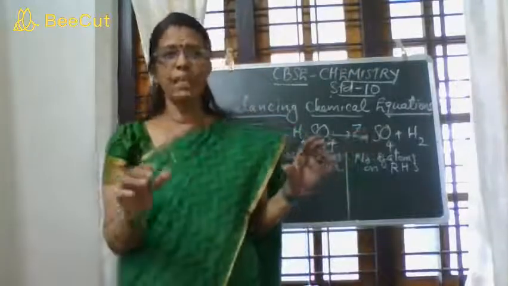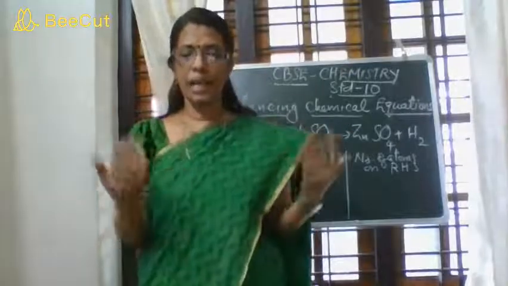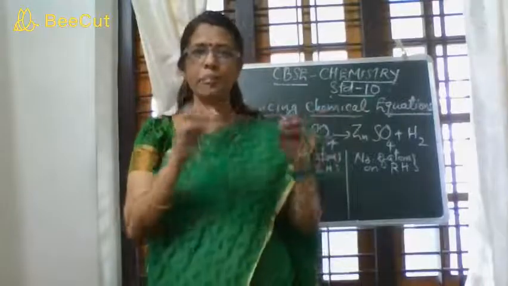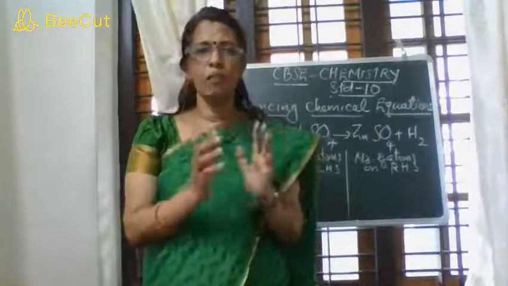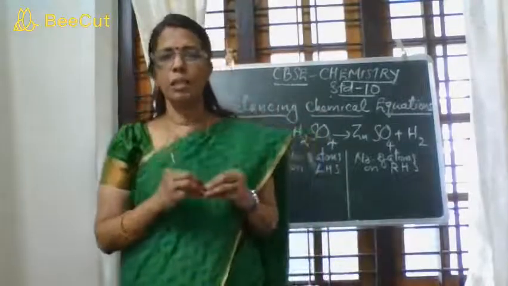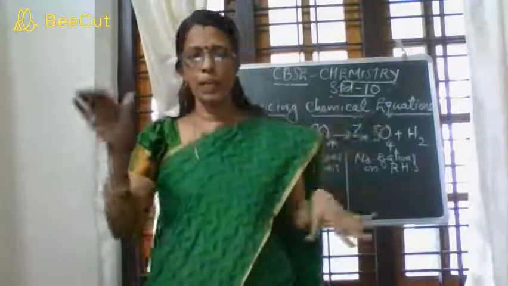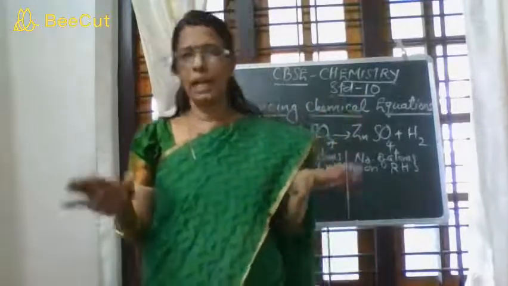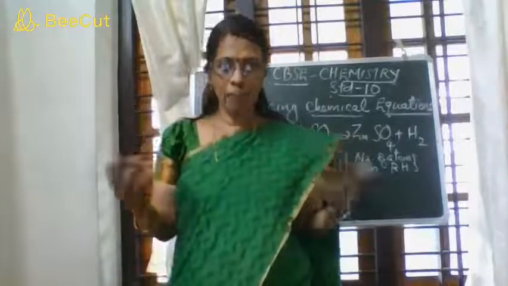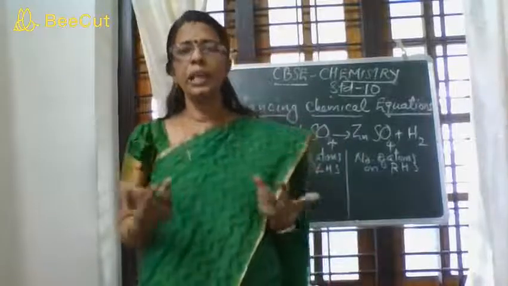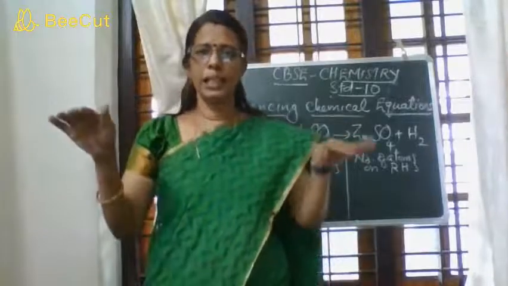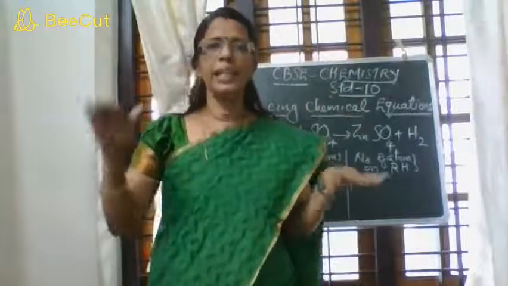After writing a chemical equation, we balance the equation by putting some numbers in front of the formula, so that the number of atoms is balanced on both sides, that is on LHS and RHS, left hand side and right hand side.